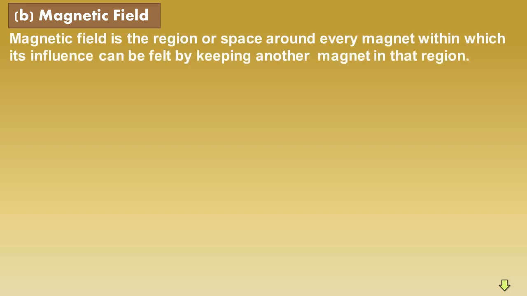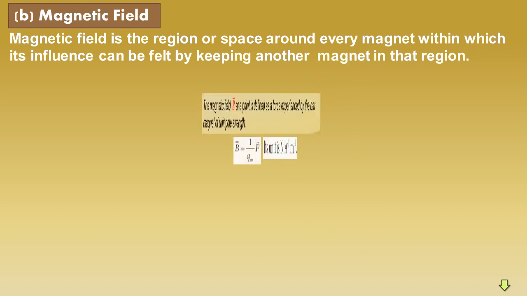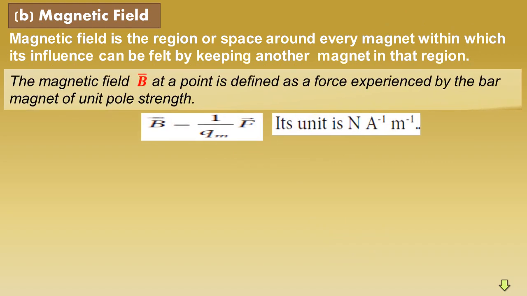Now the magnetic field is the region or space around every magnet within whose influence can be felt by keeping another magnet in that region. The only difference between the magnetic field and the electric field is that the magnetic field attracts the object towards itself and influences the magnetic material.